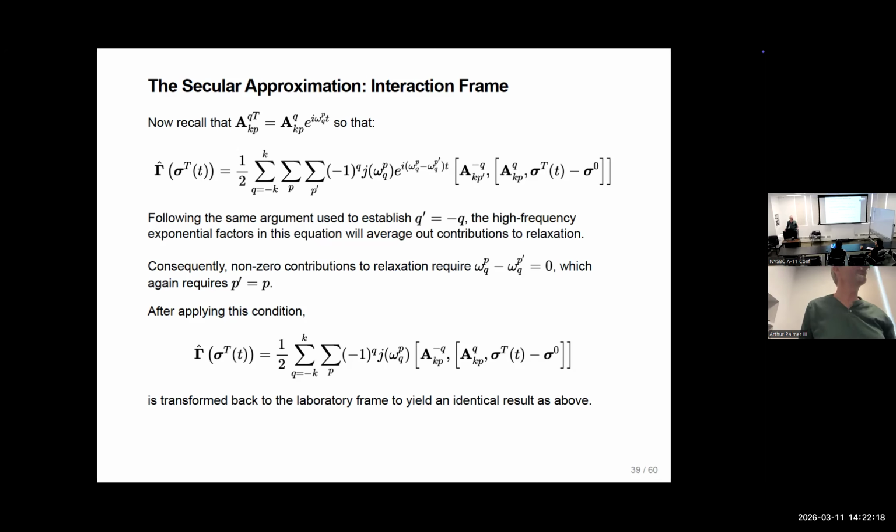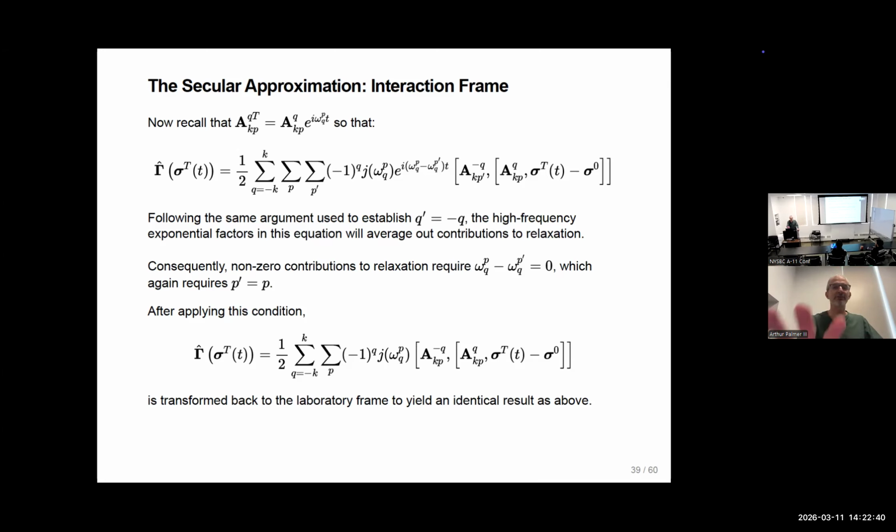But the best approach is to be thinking like an NMR spectroscopist. What's the way of solving the problem that gives me the deepest qualitative insight into how the NMR experiment works? And that, I think, is not doing the secular approximation in the interaction frame, it's being in the lab frame.